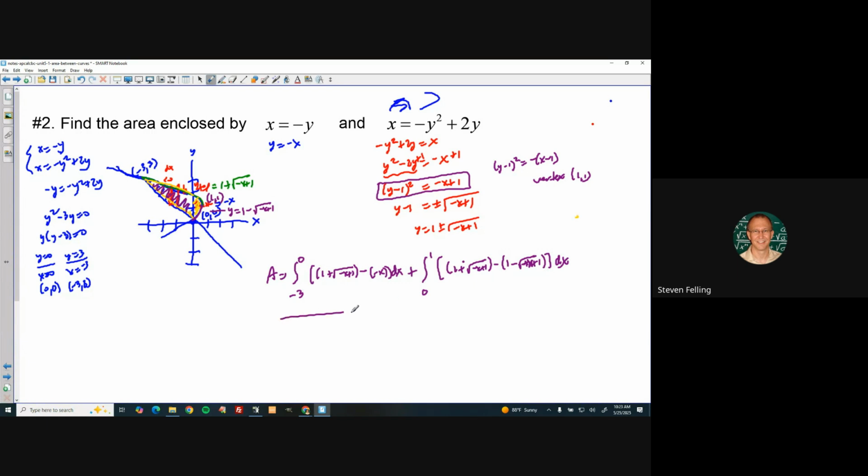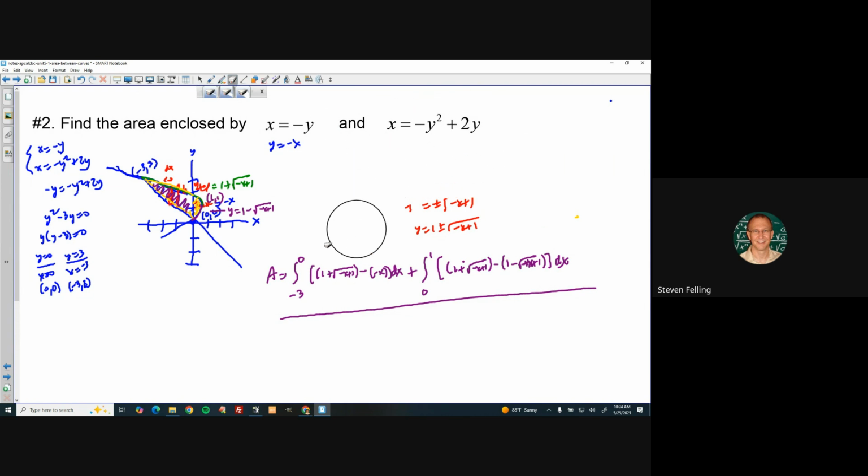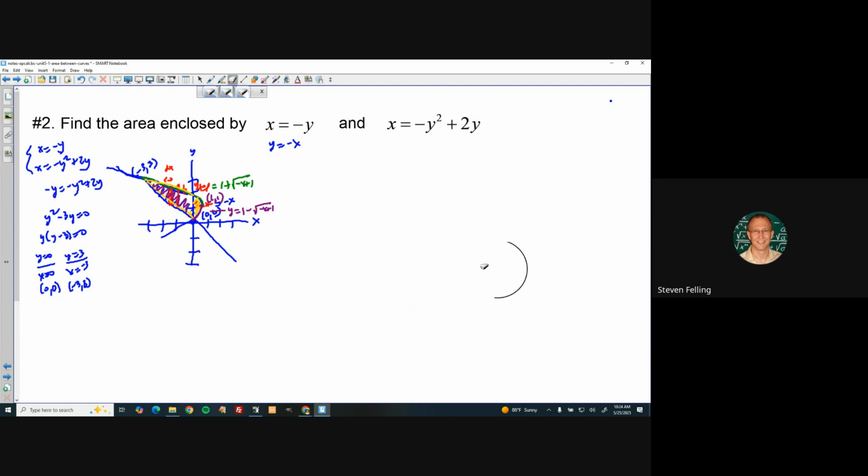Okay, so this will work and give you the correct answer, but man, is that a lot of work. All right, so thankfully, there's an easier way to go. Hopefully you've already anticipated it, and it is that we're not going to put our rectangle up and down. We're going to put our rectangle left and right. That's going to solve a lot of problems and make this much easier.